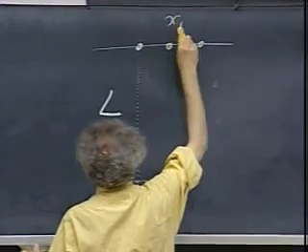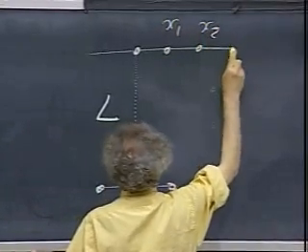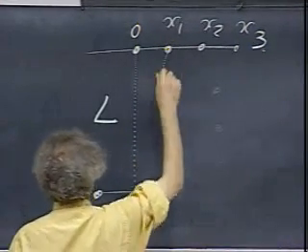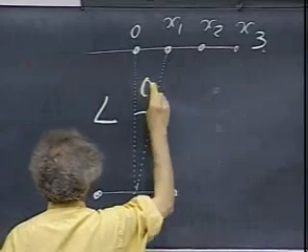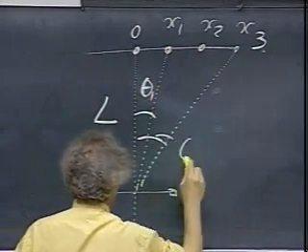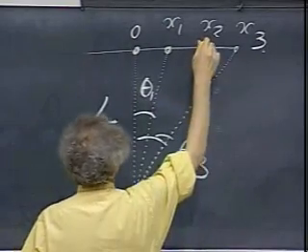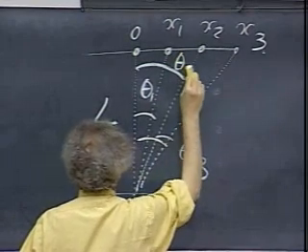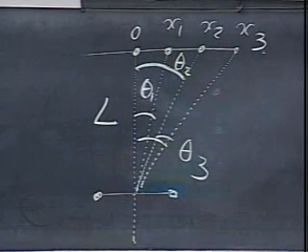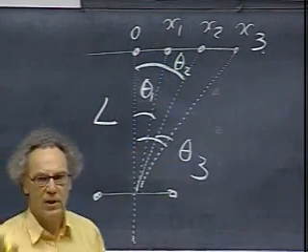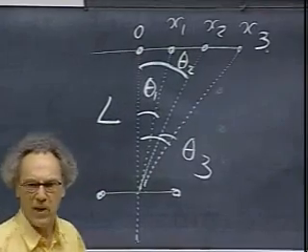I call this x1, I call this x2, and I call this x3, and this is 0. So this is the meaning of theta 1. And this is the meaning of theta 3. And this angle here would be theta 2. That's the meaning of these angles. And so I can now calculate how far you have to move, depending on what capital L is, to go from one maximum in sound to another maximum.